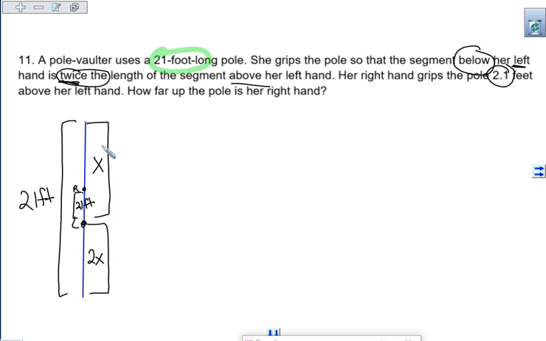So we only need the 2x and the x. Those are our two parts that actually add up to this whole. So 2x plus x equals 21. We're going to combine our like terms. So 3x equals 21. Divide by 3 on both sides. So x equals 7.